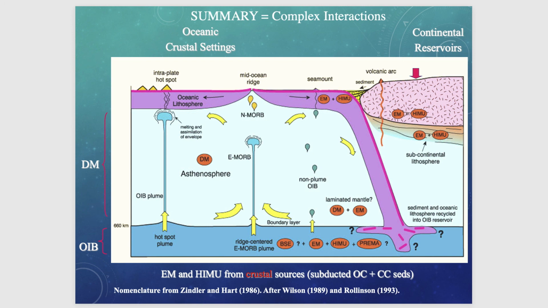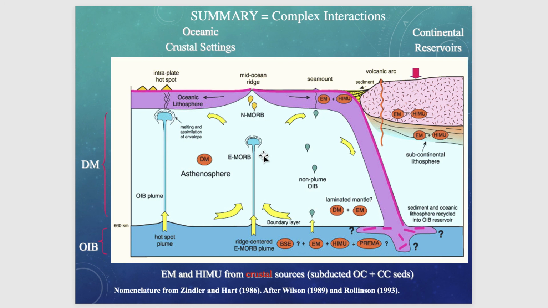But dominantly we see this trend that differentiates depleted mantle samples from ocean island basalt compositions. And we saw also that we can have conditions that are mixing of the two components, which lead to the E-MORBs or enriched MORBs and transitional MORBs as well.